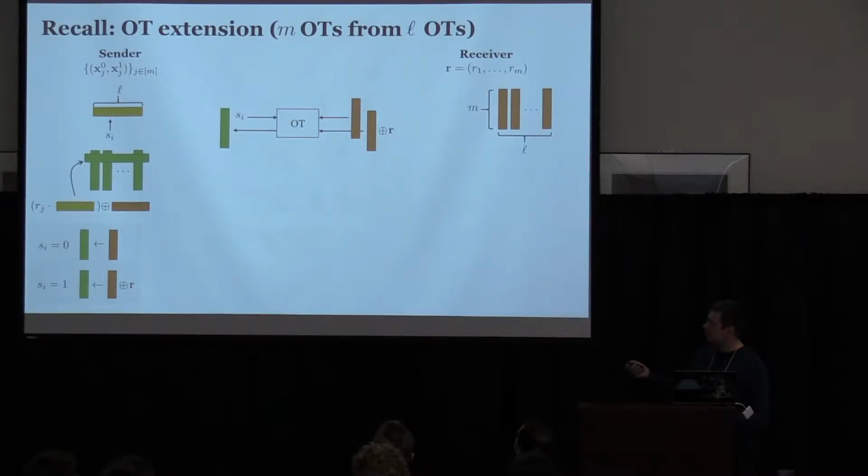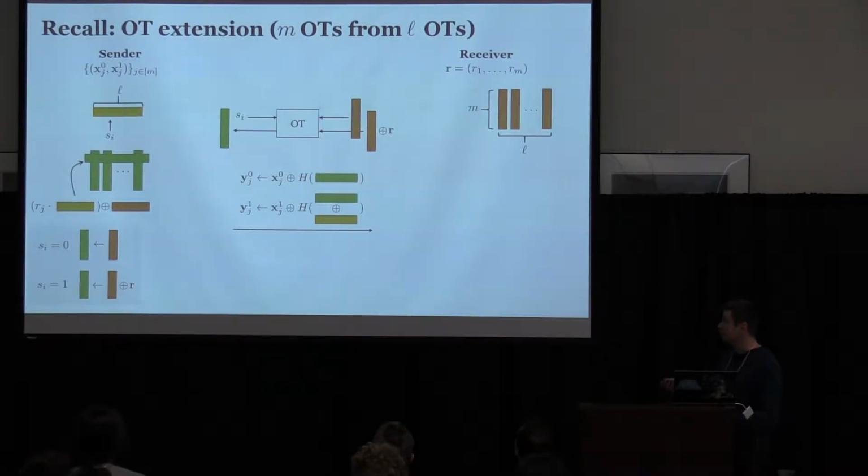If the choice bit in this jth row, r_j, was equal to 0, then this green row is going to be equal to the orange row of the receiver, across the columns, and if r_j was equal to 1, then it's going to be equal to this yellow row of the sender XORed with the orange row of the receiver. This is really simple, you just write it out, but for me at least it's always hard to imagine immediately by looking at it, so just trust me. Or I can ask Yuval, he'll nod, and okay.